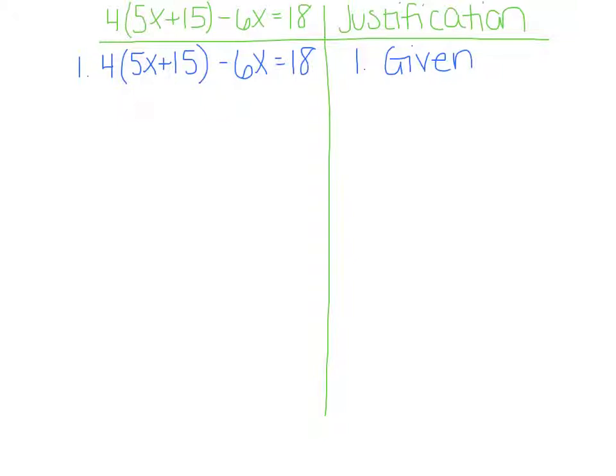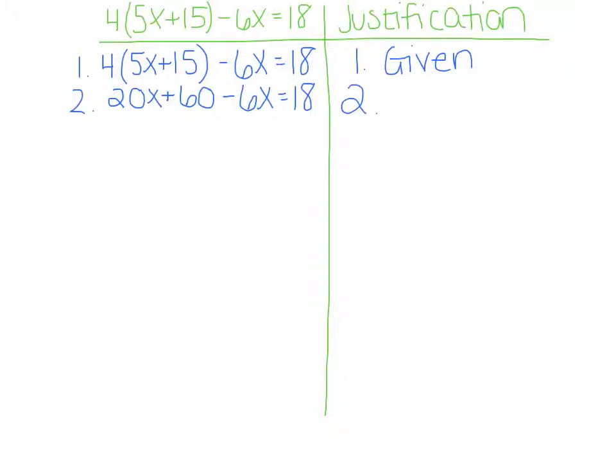I want to distribute. So my step 2, actually we won't write 2 yet, but what I'm going to do is distribute by doing 4 times 5x, which is 20x, 4 times 15, which is 60, minus 6x equals 18. This is going to be our step 2.